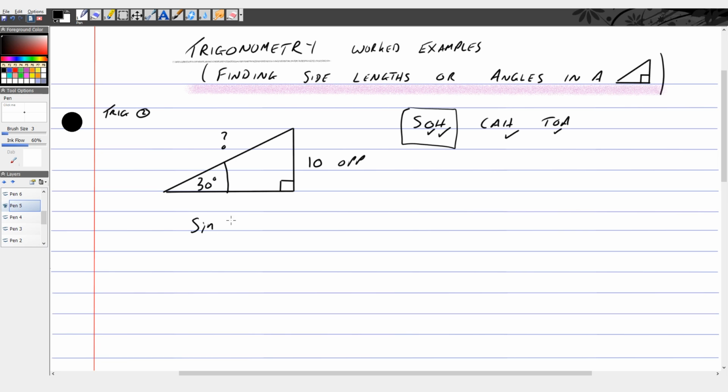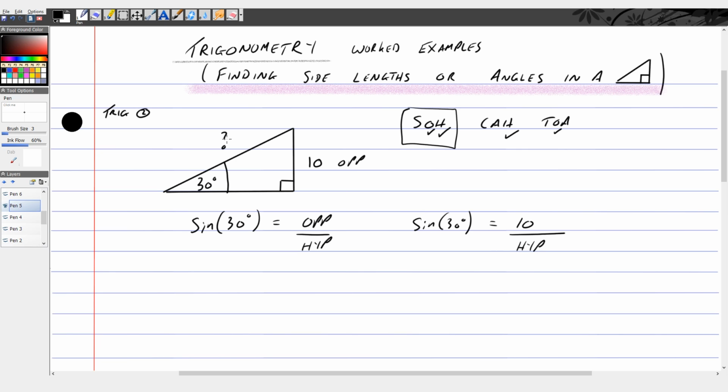So what we can say is the sine of 30 degrees equals the opposite side divided by the hypotenuse, or sine of 30 degrees equals 10 units, because we know what that is, because we're told it, 10 divided by the length of the hypotenuse.